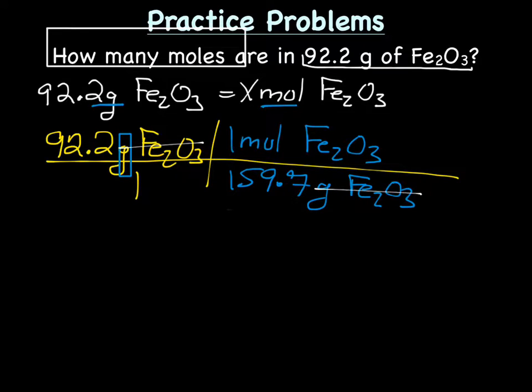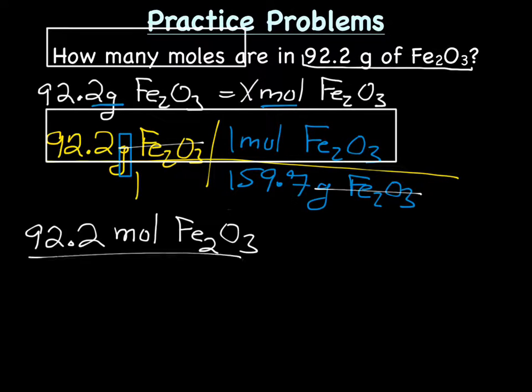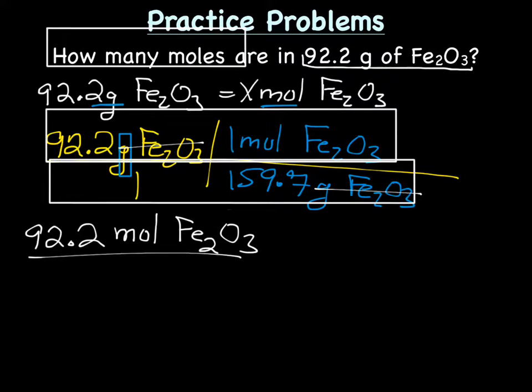And next we multiply across the top, giving us 92.2 moles, because our grams is gone, Fe2O3. And when we multiply across the bottom, we get 159.7.